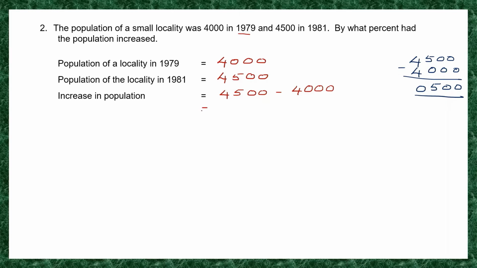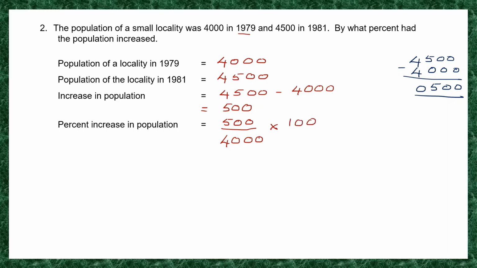The population increased by 500. So now we know the increase in population. Let's find the percent of increase. Percent increase in population will be 500 by the initial amount, which is 4,000, into 100, because we're converting to percent.